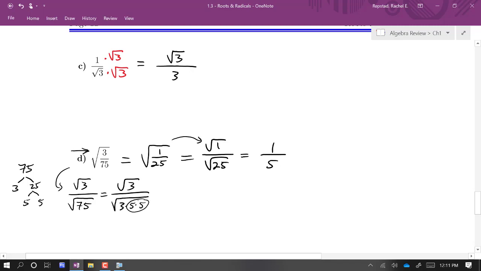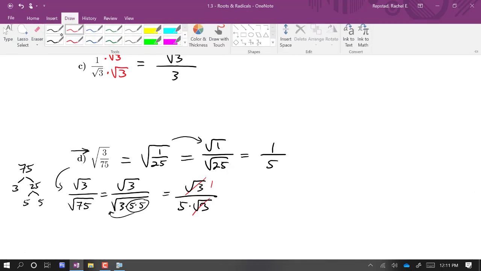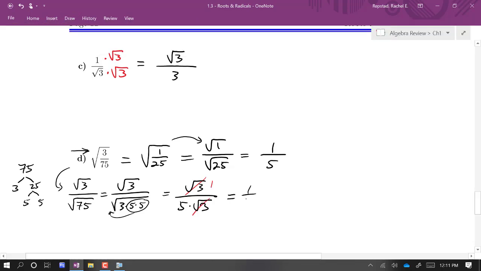I'd say, okay, there's a pair of 5s, so I can take one out. And then, at this point, I'd probably say, look, I've got a common factor of the square root of 3 on the top and the bottom, and I can cancel. And we still get 1/5. So all roads lead to the same correct answer.